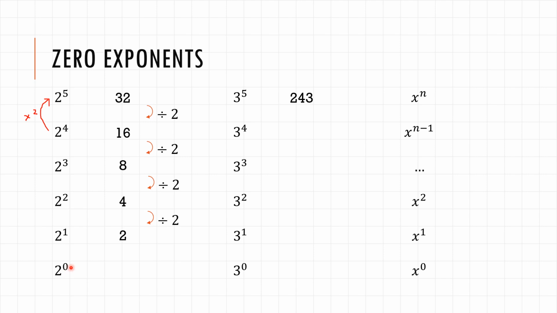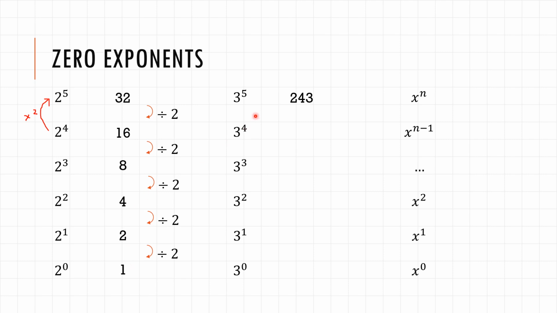Because if I don't multiply a number by itself at all, I'll have nothing. I'll have 0. But if you recognize that there is a pattern happening here, every time the exponent goes down by 1, we are dividing this number by 2. So if we take 2 and we continue this pattern and we divide it by 2, we won't end up with 0. 2 divided by 2 is 1.